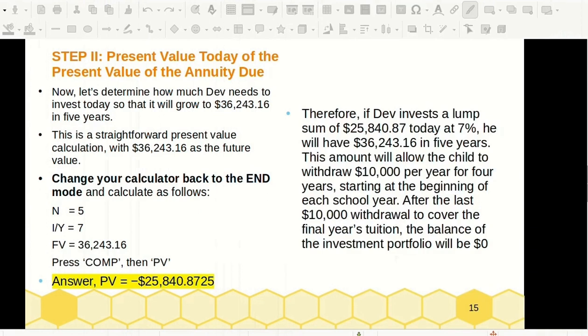So, therefore, if Dave invests a lump sum of $25,840.87 today at 7%, he will have $36,243.16 in 5 years. And this amount will allow the child to withdraw $10,000 per year for 4 years, starting at the beginning of each school year. After the last $10,000 withdrawal to cover the final year's tuition, the balance of the investment portfolio will be 0.